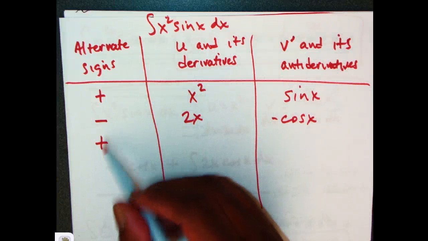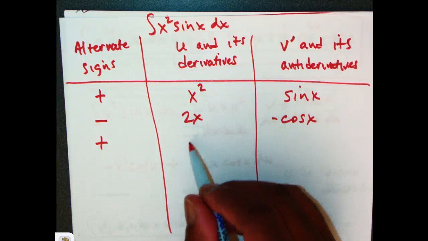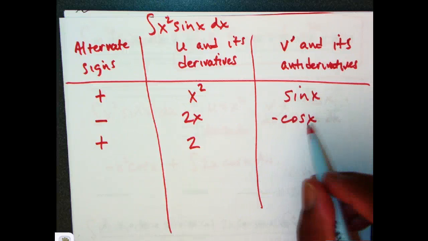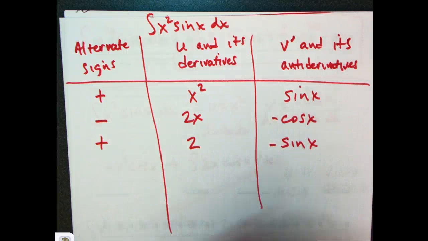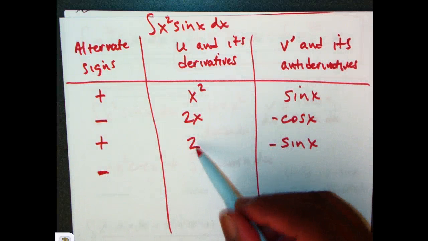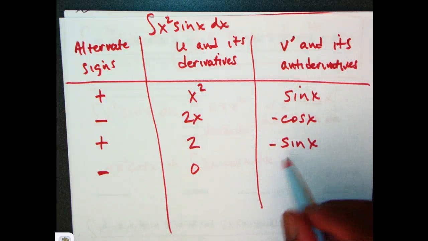Okay, we're going to keep going until taking the derivative of u equals 0. So here, we go positive, negative, positive. The derivative of 2x is 2. The antiderivative of negative cosine of x is negative sine x. Okay. Then we go negative. The derivative of 2 is 0. And the antiderivative of negative sine of x is cosine of x.